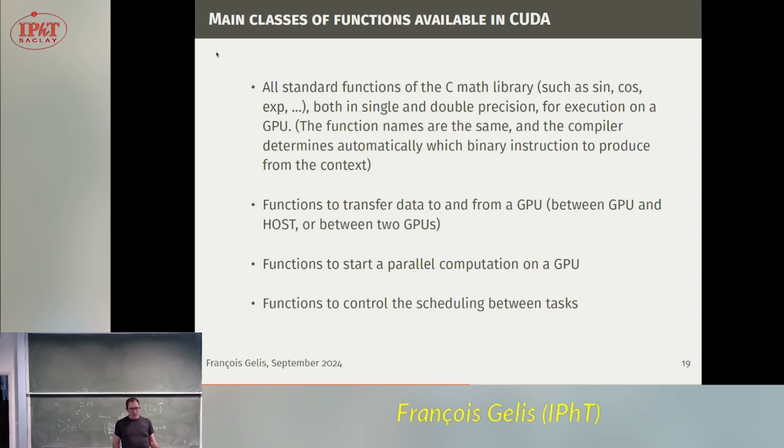Then you have two independent queues of tasks. But then once in a while, you need to start a task from the first queue only after a task of the second queue has completed, for instance. And you need a way to signal when this completion is achieved. So this is part of these functions that help control the scheduling between tasks.